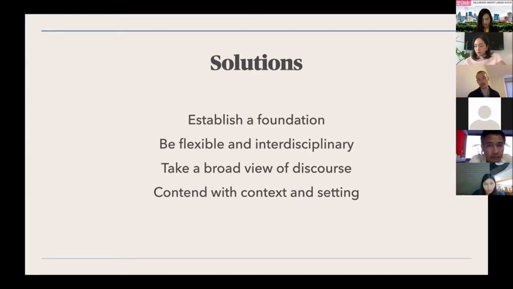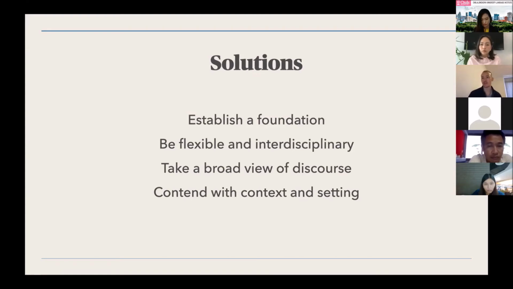I think as ELT researchers, we need to be more egalitarian and more open to the idea that teaching and learning operates at different levels of discourse. And we need to be able to contend with context and setting.